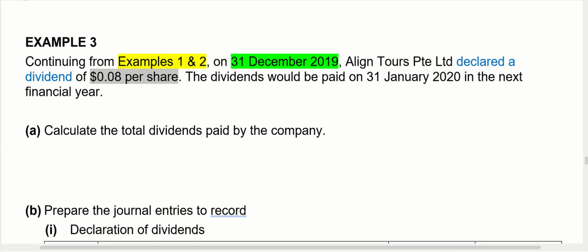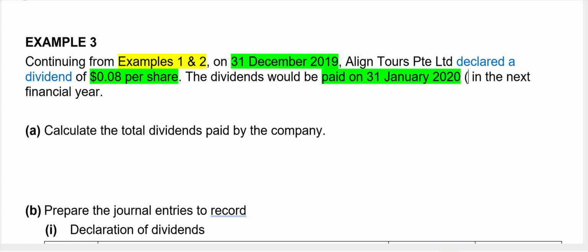Meaning for every share, you are going to receive 8 cents of dividend. So if you have 1 share, you receive 8 cents. If you have 2 shares, you will receive 16 cents. Very sad. Now, when will the dividends be paid? The dividends will be paid on 31st of January 2020. I just want to highlight that this is actually the next year, not the same financial year.